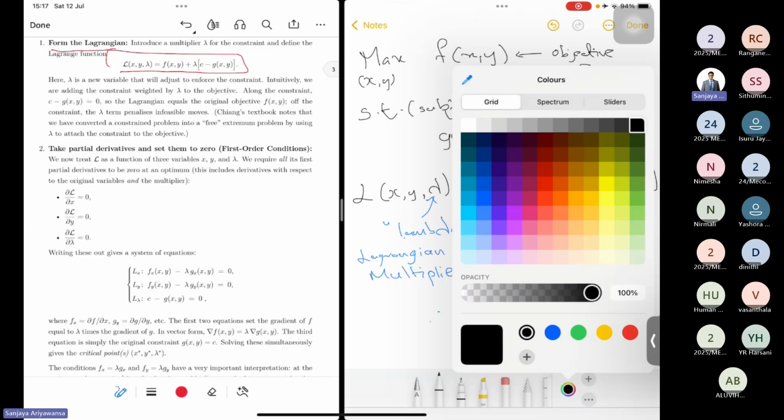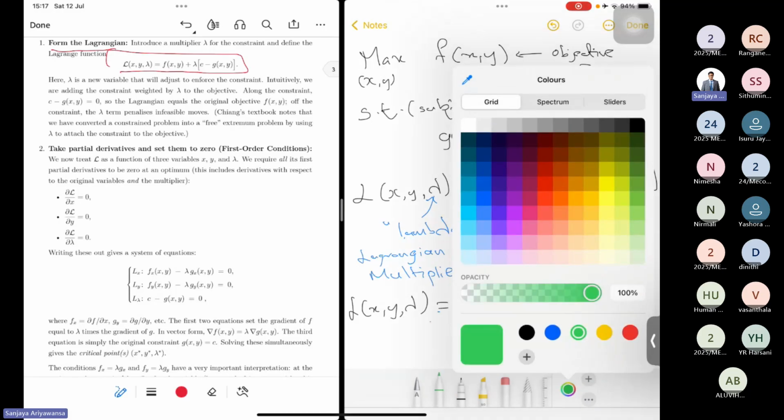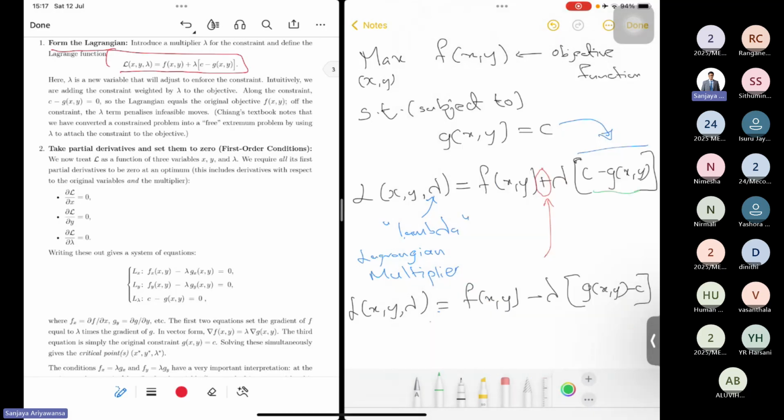You would use the minus sign if you write f of x, y minus lambda times, and then you would simply change the internal function: rather than c minus g of x, y, you would say g of x, y minus c. So you see, then your sign changes.